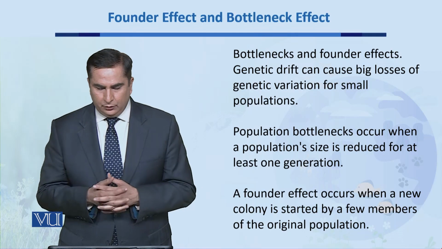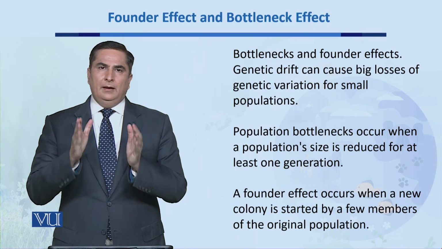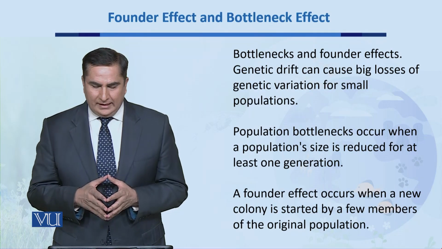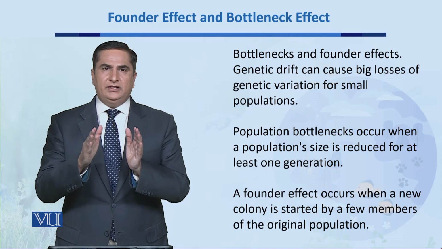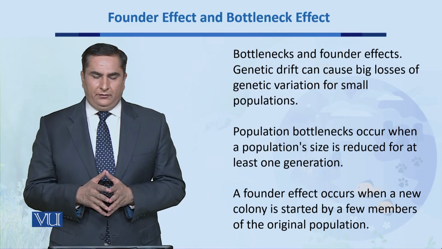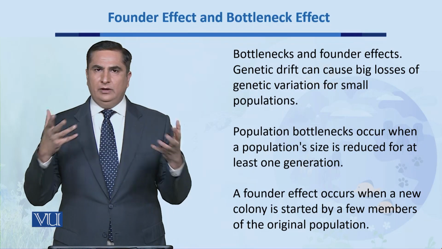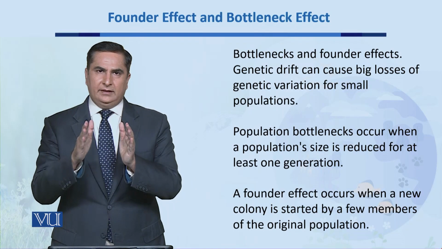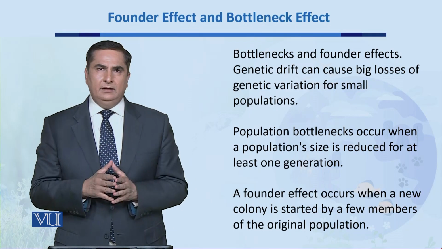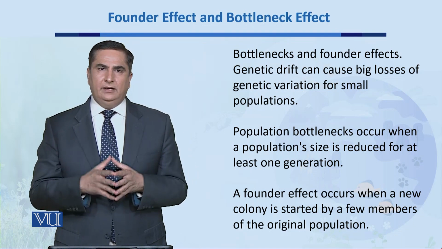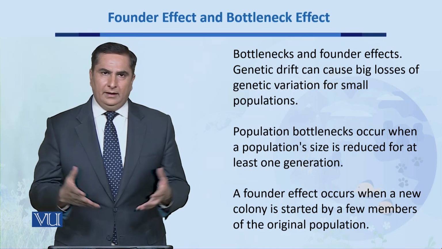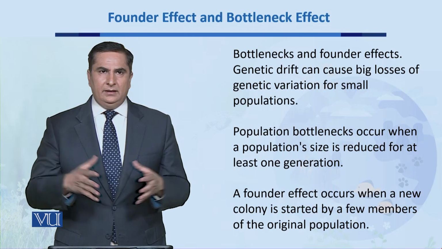Now, a bottleneck of a population happens when a population size is reduced for at least one generation due to any factors. It was a large population, growing in an environment.